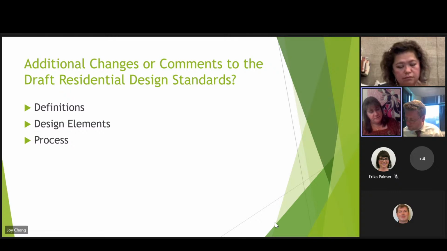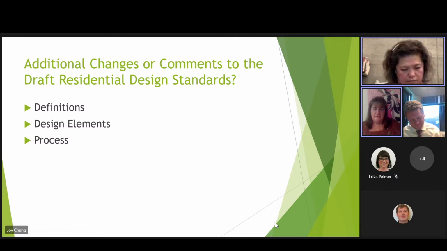The next section is 16.22. It's a simple change from multifamily to multi-dwelling, and I had seen comments back and forth about why we were doing this, the reason for doing it, and are we required to do that? Maybe not a definitive answer tonight.